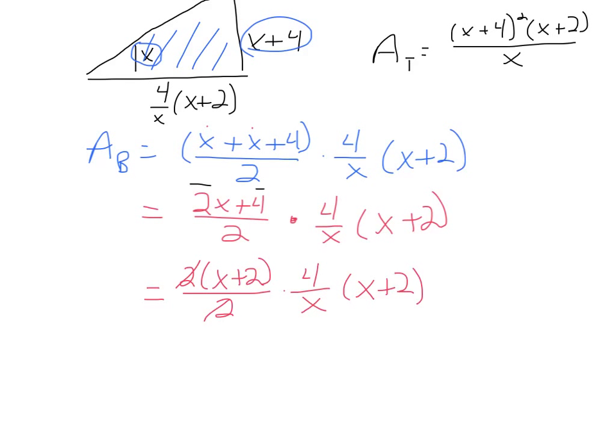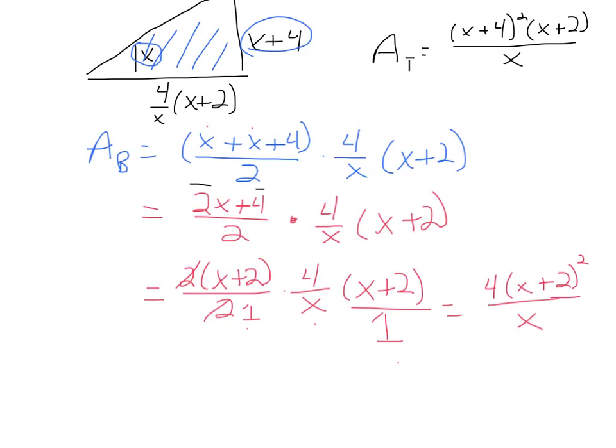Now, these are all multiplied, so we can multiply top to top, bottom to bottom. We have 1's on the bottom here and 1's on the bottom here, so 1 times x times 1 gives us an x on the bottom of that. We're going to have 1, 4 that we're multiplying in, and we have x plus 2 times x plus 2, x plus 2 squared.